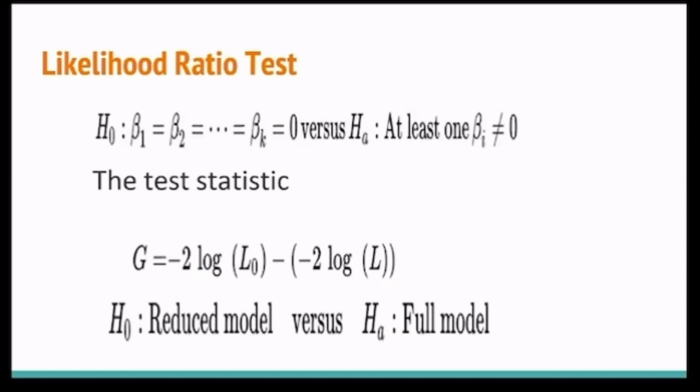When all the slopes are 0, it means the logit, the log of the odds, is just going to be equal to beta naught. And the alternative says at least one is not equal to 0. Now, how do we compare a reduced model with a complicated model in logistic regression?